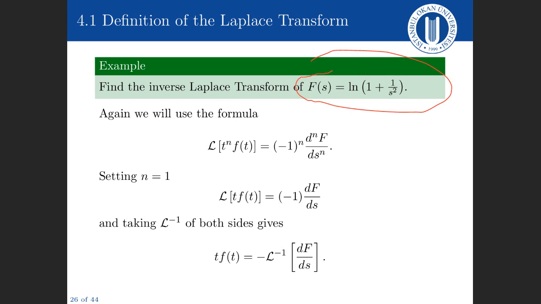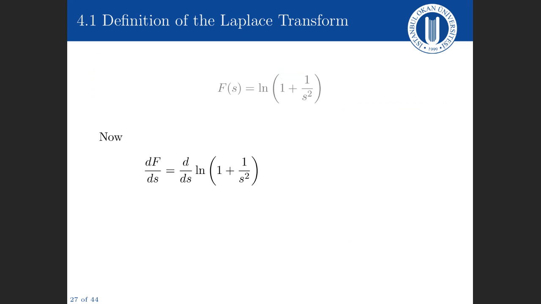So this is what we do. We take our function capital F, we're going to differentiate this function and take the inverse Laplace transform of dF/ds. So the derivative of the natural logarithm of 1 plus 1 over s squared.